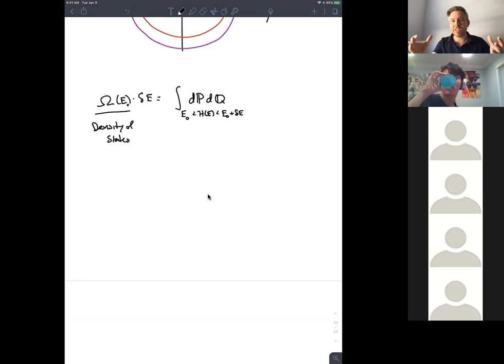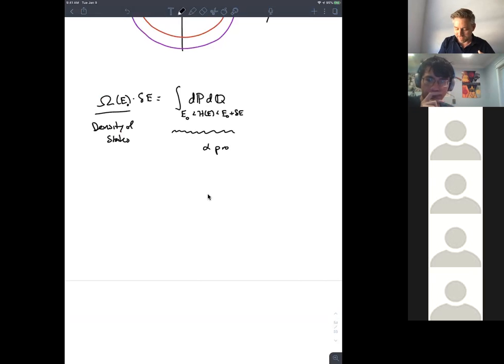Because all the states are equally likely. The states you'll be more likely to find it in are those which occupy more volume. And so essentially this thing that we're calculating here is proportional to a probability. In other words, it's essentially our probability density function that we've been talking about the previous couple weeks.